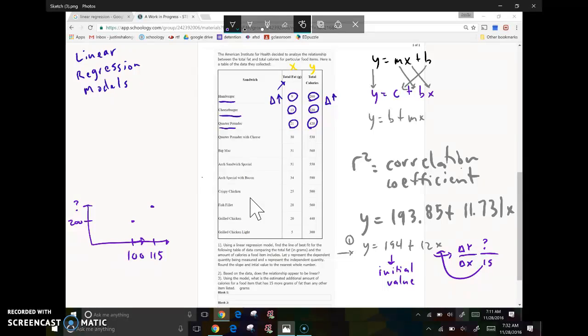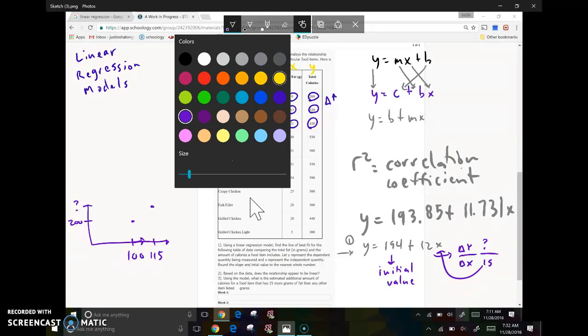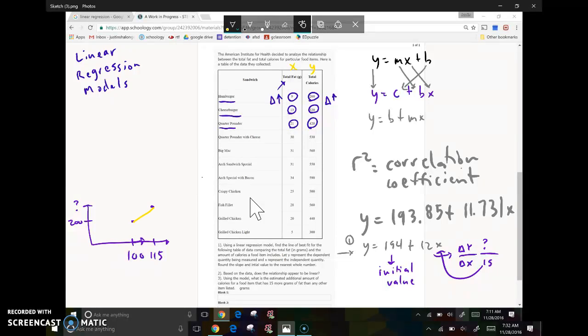So they want to know what this distance is, or what the change is between our largest data point and 15 more. So they're trying to figure out, okay, what is this change right here in our y, right? We know the change here in our x is 15. We want to know what the change in the y is.